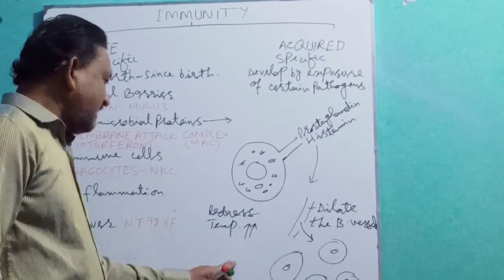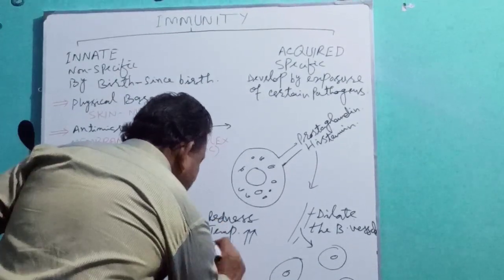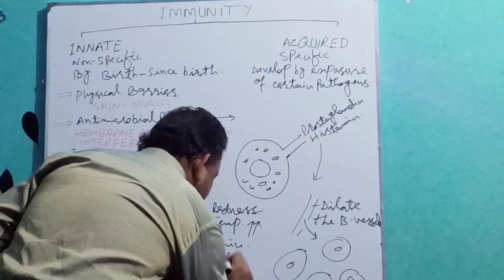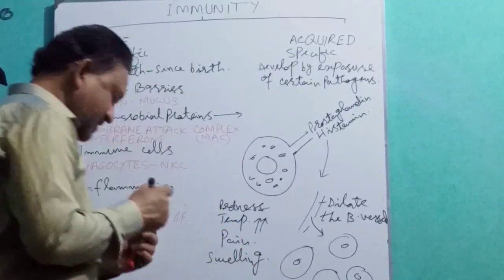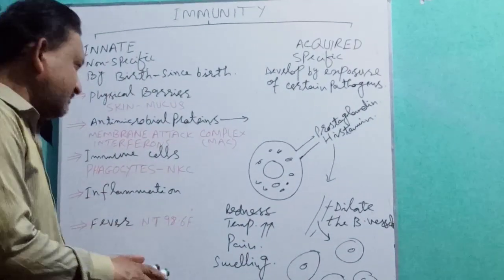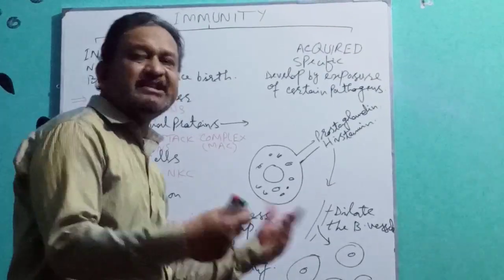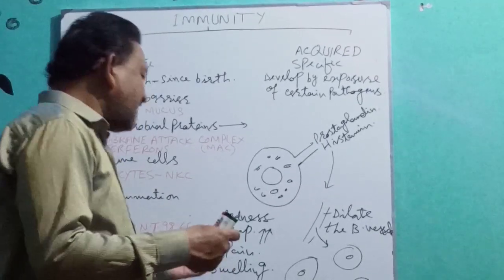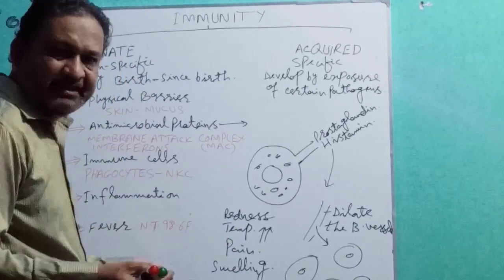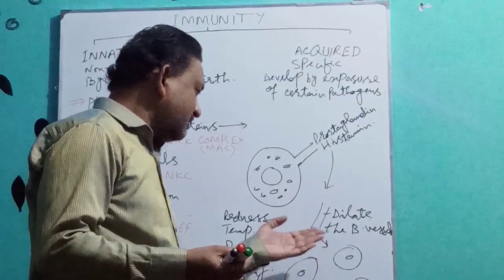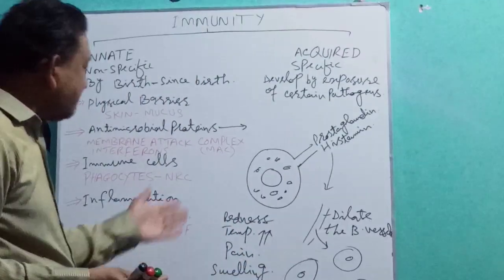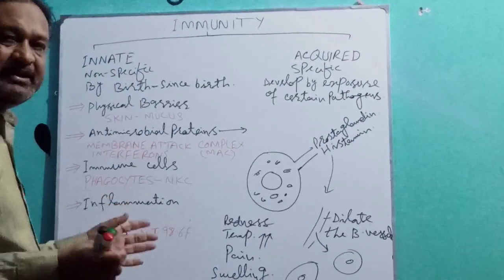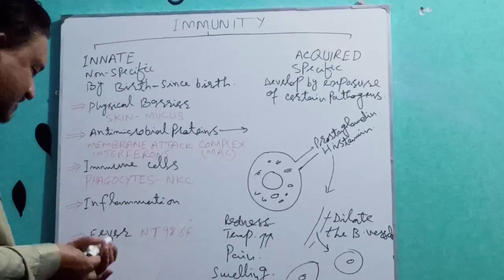So temperature rises, and redness and also pain and swelling. So inflammation actually triggers the immune response in the form of inflammation. Inflammation means the response of the body due to the infection. So these problems are created, and the microorganisms are more and more engulfed by the macrophages and destroyed.